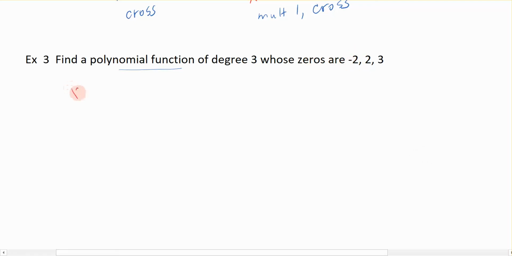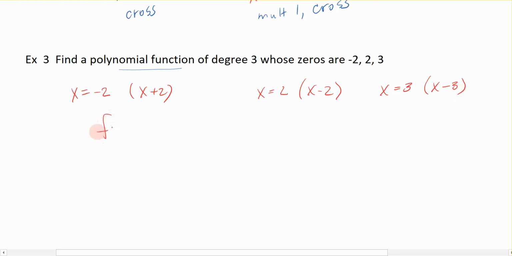If I know that I have a 0 at negative 2, then in its factored form that looks like x plus 2. So this is the next zero, x equals 2. In its factored form it looks like x minus 2. And finally, when x is 3, then the factor of that looks like x minus 3.